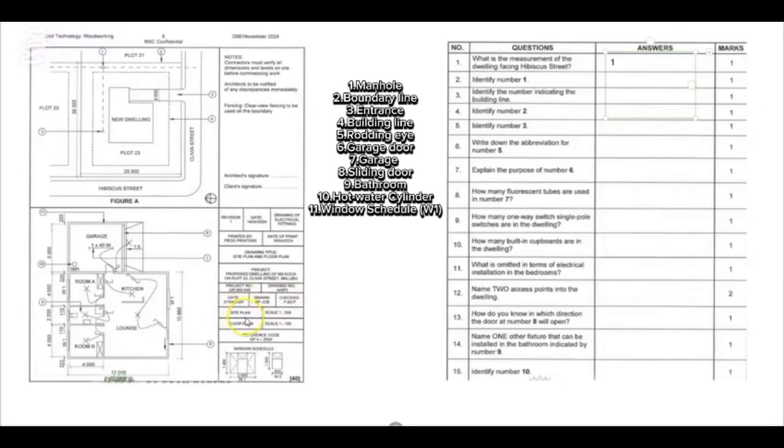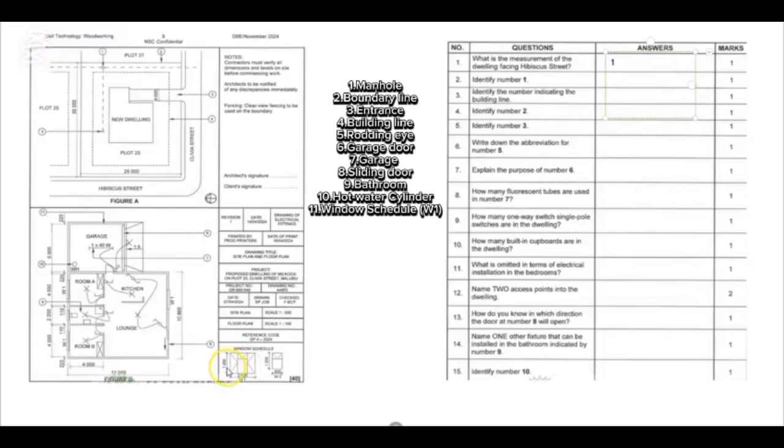Site plan scale is 1:500 and the floor plan scale is 1:100. The reference code is QP4:2024, and below we have the window schedule. Here they are showing us the dimensions of the windows.